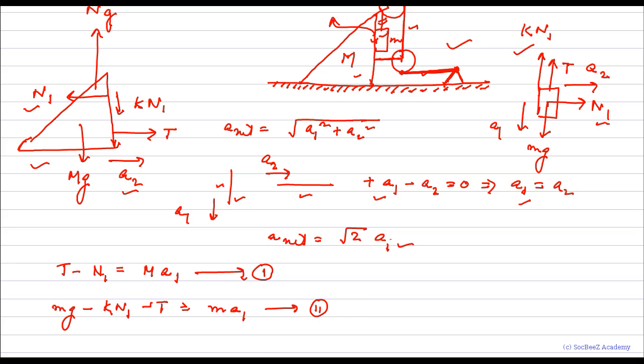So this is my equation 2. This whole equation has been written keeping vertically downwards as positive, and the first equation was written keeping horizontally rightward as positive.